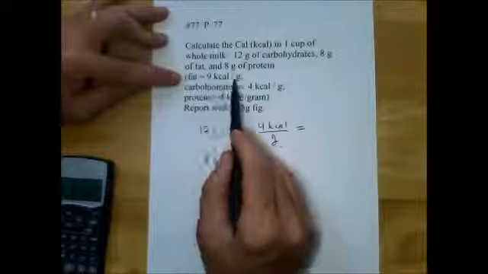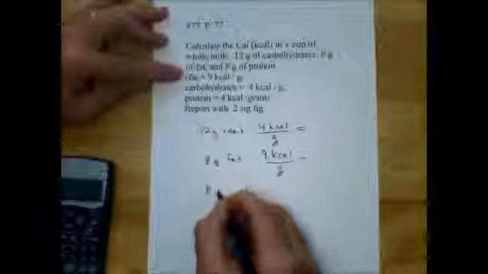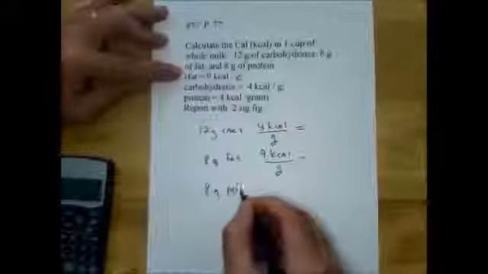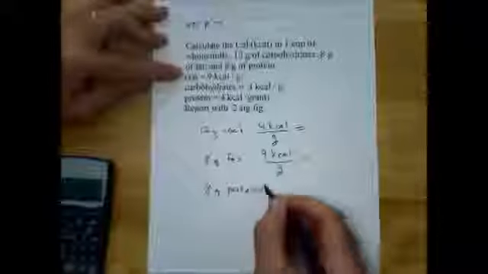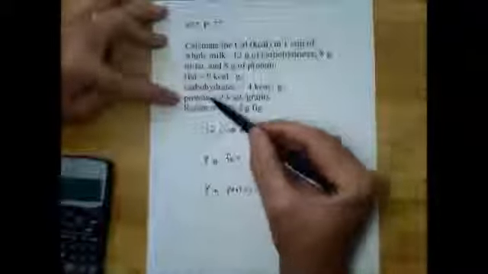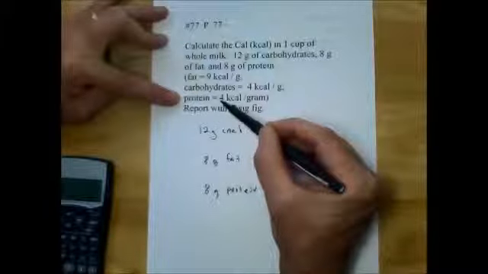There it is, 9 kcals per gram. And finally the protein, 8 grams of protein. And we see here that protein is 4 kcals per gram. And now we're going to multiply these out and add them up, and we're done.